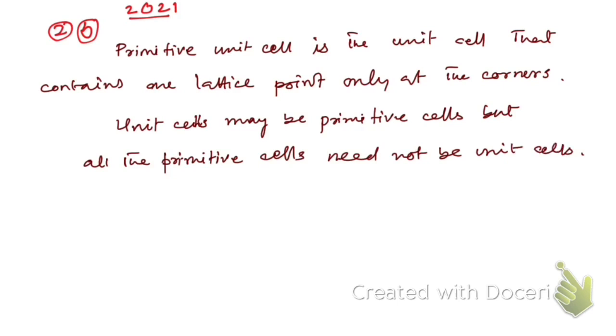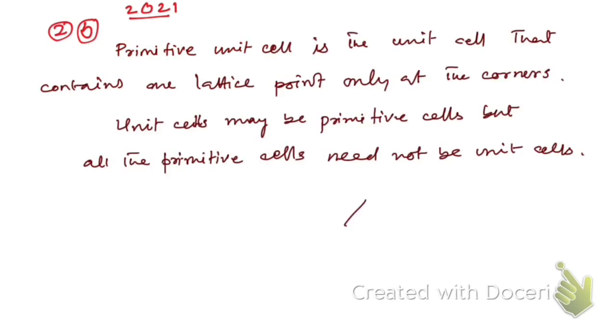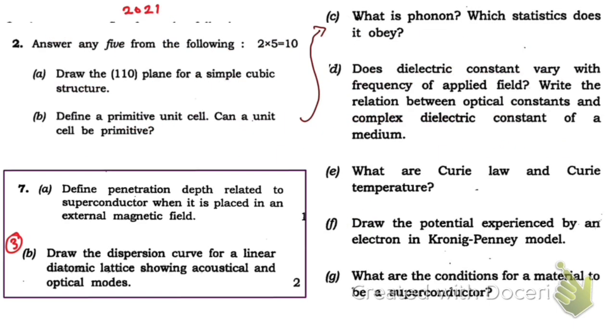So a primitive cell may be a unit cell, but it is not necessary. You can define the primitive cell this way. Okay, sorry, let's keep this answer this way only. Just take the screenshot.